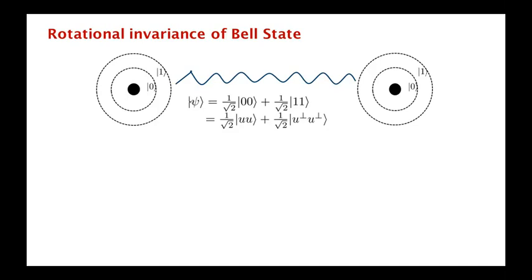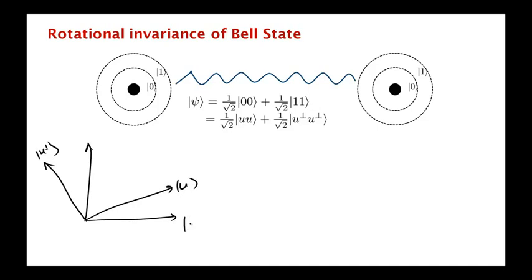that if you were to write your state psi, it's an equal superposition of 0,0 plus 1,1. In the last lecture, we saw that we could also write it as an equal superposition of plus,plus and minus,minus. What we are claiming is, in fact, if you have an arbitrary U, U perp, then you can write 0,0 plus 1,1 as U,U plus U perp,U perp.